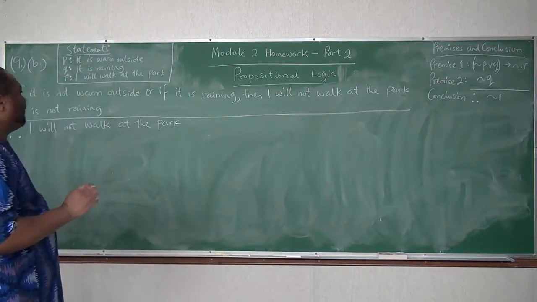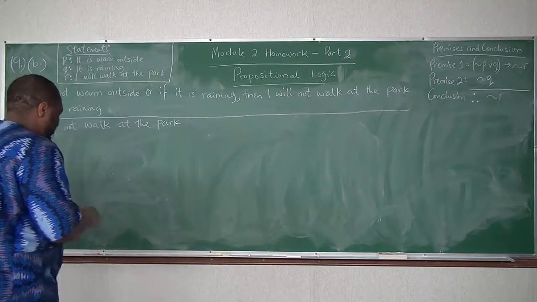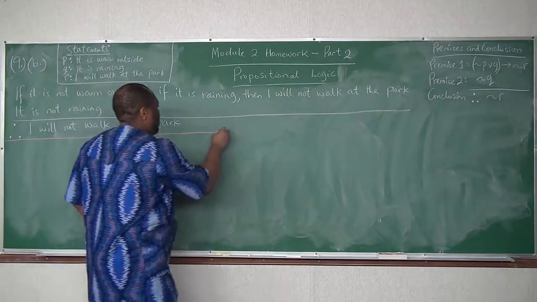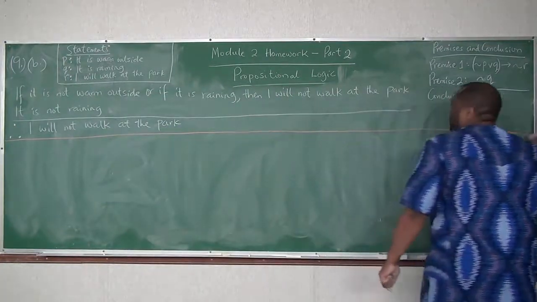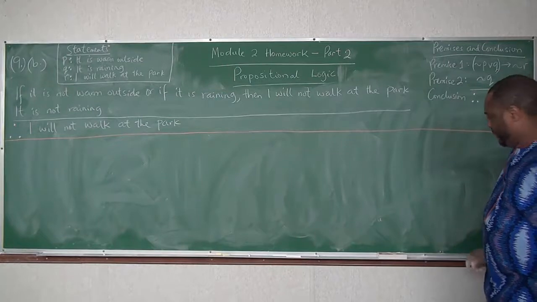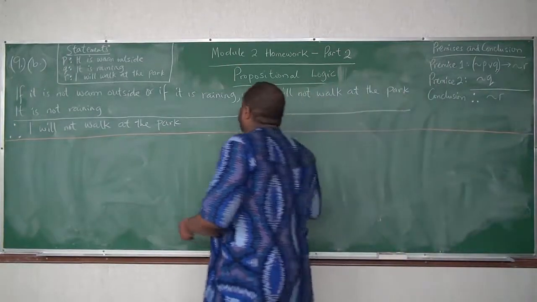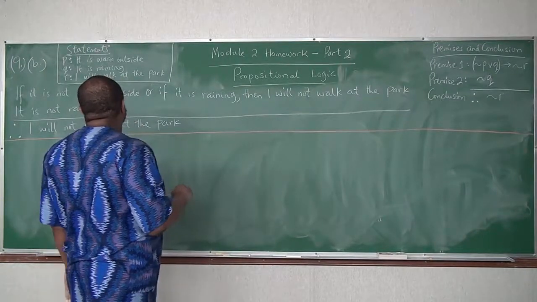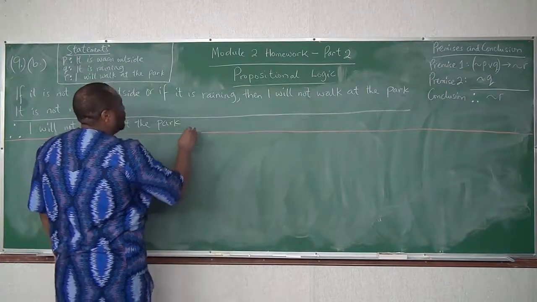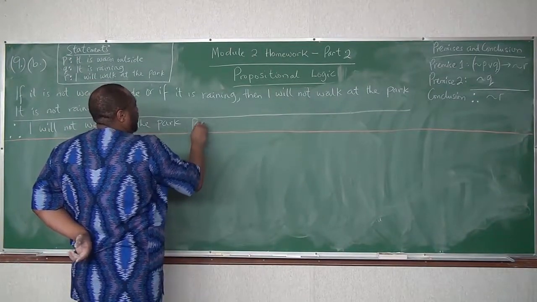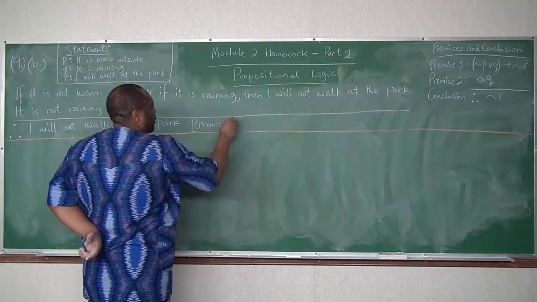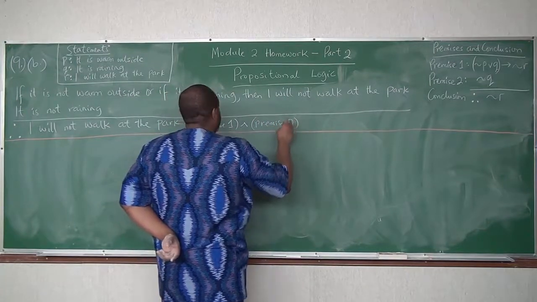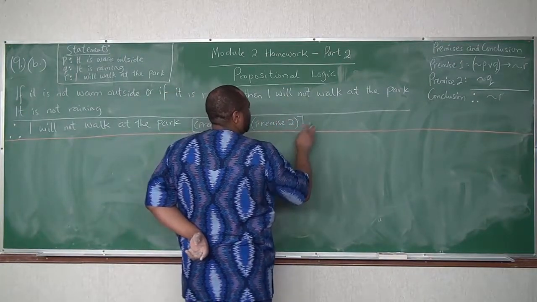So remember the first method is: premise 1 and premise 2 implies conclusion. So we have premise 1 and premise 2 implies conclusion.